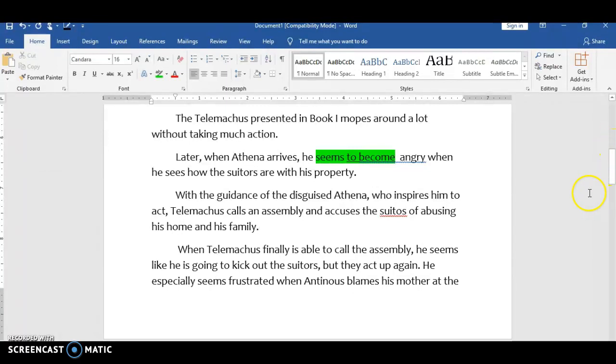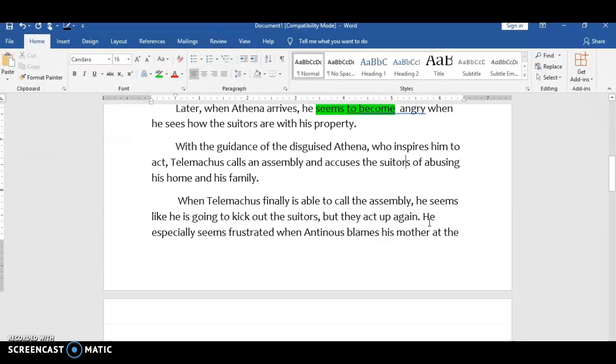All right, whoops, got to spell suitors properly. So that's a much better sentence, a much, much, much better sentence.